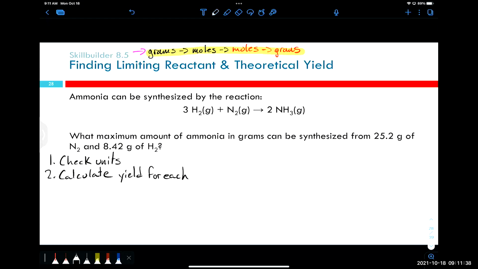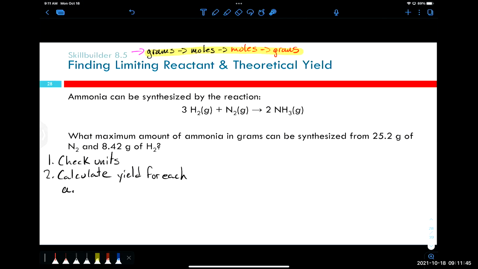I guess this would be like a subheader underneath this. So the first step there would be convert from grams to moles. To do that, we're going to need our atomic mass.